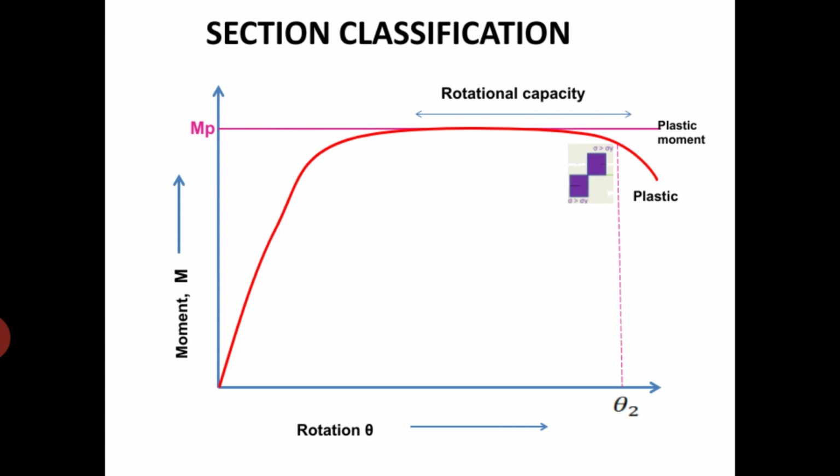And this is about the first classification of section, that is the plastic sections. In this plastic section, they are fully effective under pure compression, and they are capable of reaching and maintaining their full plastic moment in bending, and hence they are used in the plastic design method.